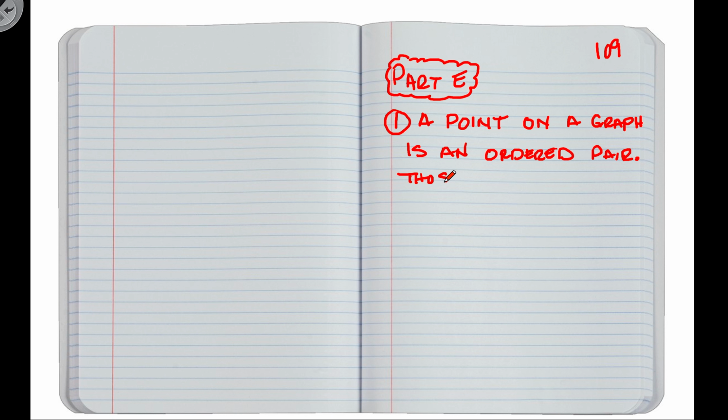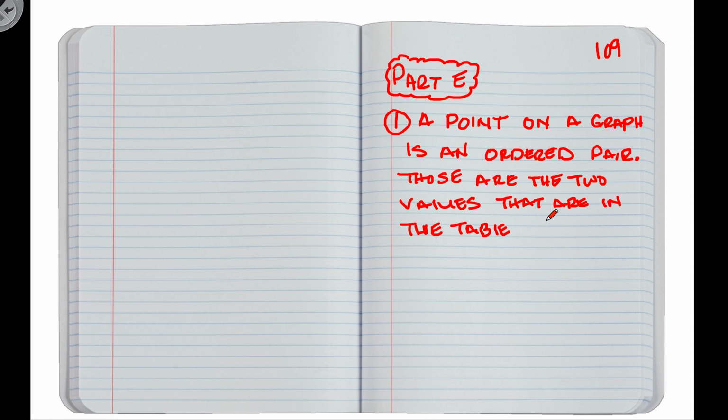Those are the two values that are in the table columns, so the X and Y columns, and our solutions to the equation.